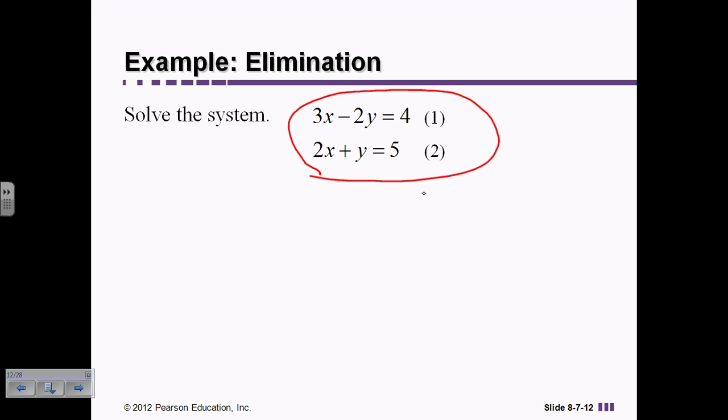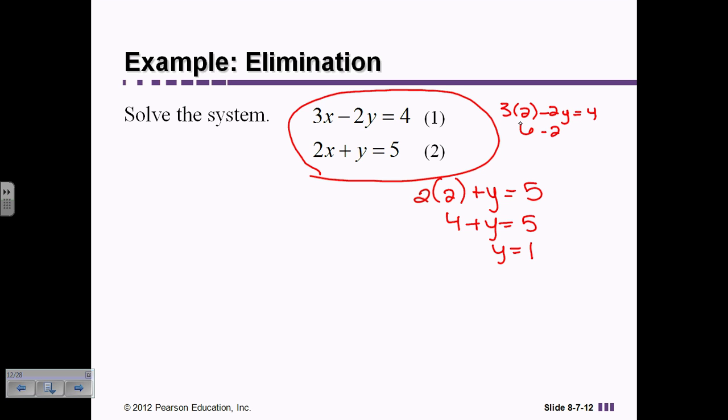So I'm going to pick the second one. So 2 times 2 plus y equals 5. So 4 plus y equals 5. So y equals 1.